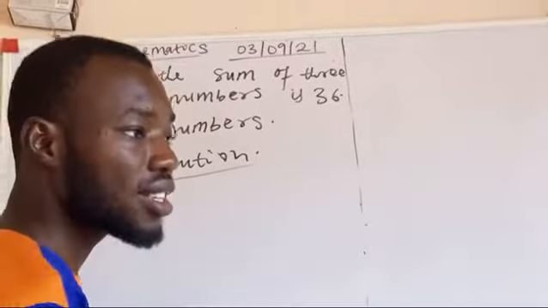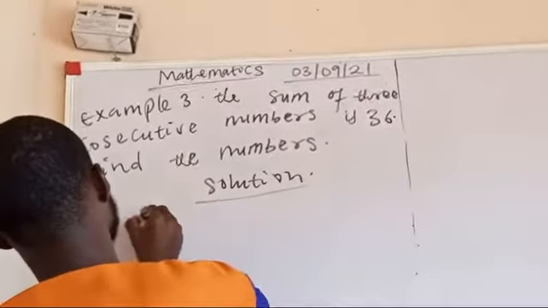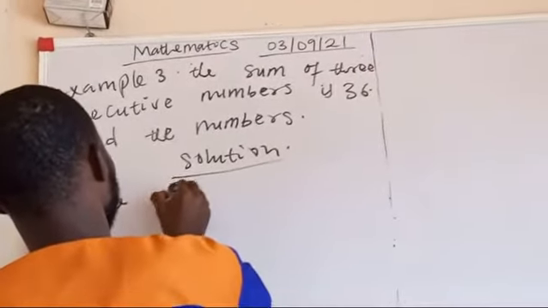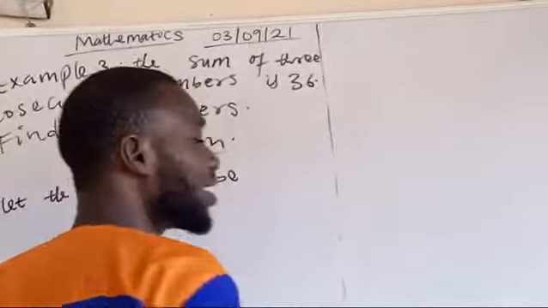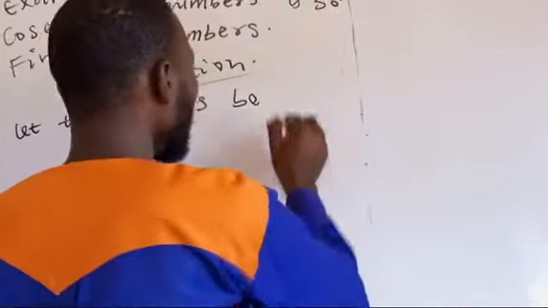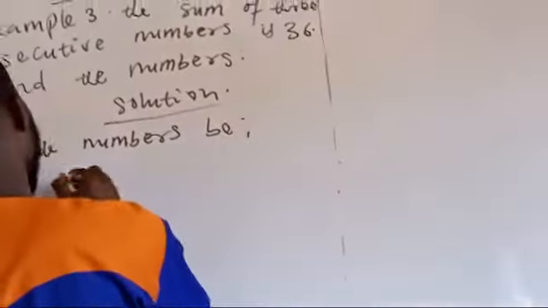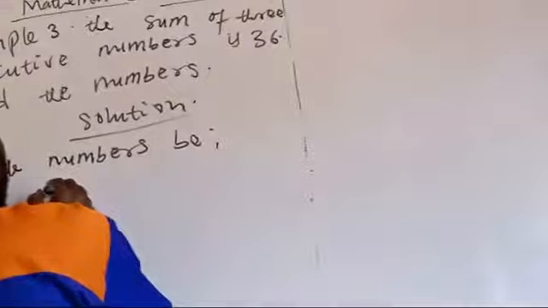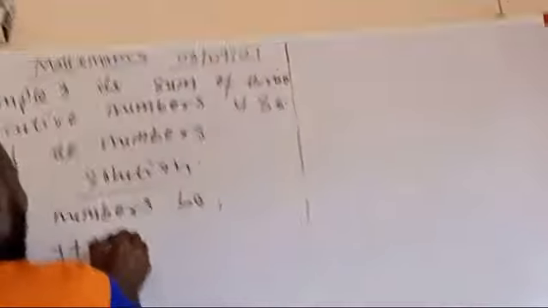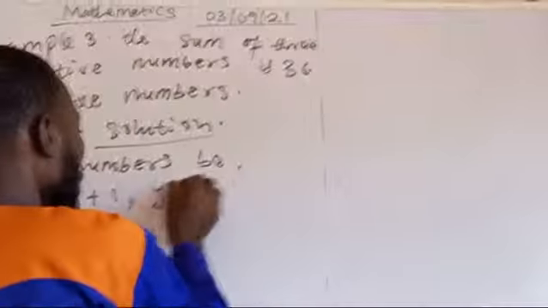We can quickly say that let the numbers be, because they say it's 3, y, y plus 1, y plus 2.